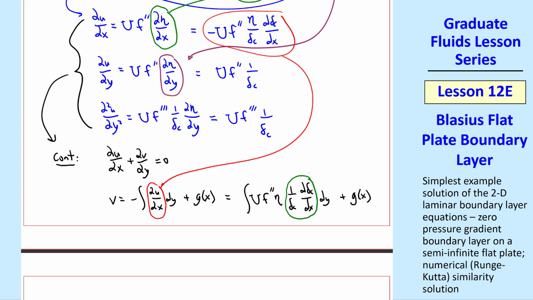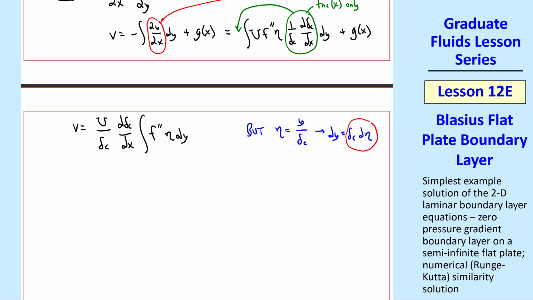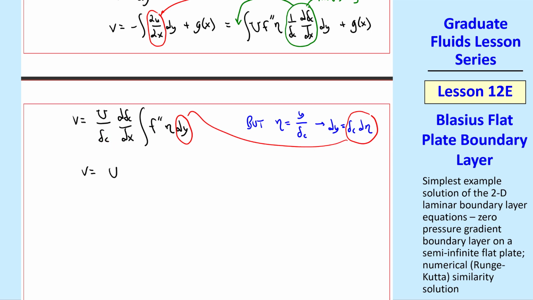But this grouping of terms is a function of x only, so it can come outside the integral, giving us v equal U over delta c d delta c dx, integral of f double prime eta dy. But eta is y over delta c, so dy is equal to delta c d eta. So we can use this in place of dy, and you see that the delta c in the numerator counteracts this one in the denominator. So v becomes U d delta c dx, integral of f double prime eta d eta, plus g of x, which I forgot to include up here, by the way.